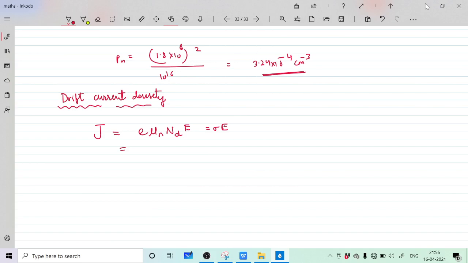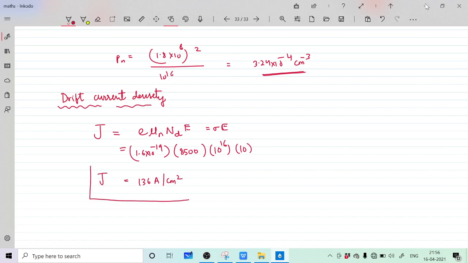So this is equal to 1.6 into 10 raised to minus 19 into mu n, 8500 centimeter square per volt per second, into 10 raised to 16 is Nd, into 10 volt per centimeter. So this comes out to be 136 ampere per centimeter square.